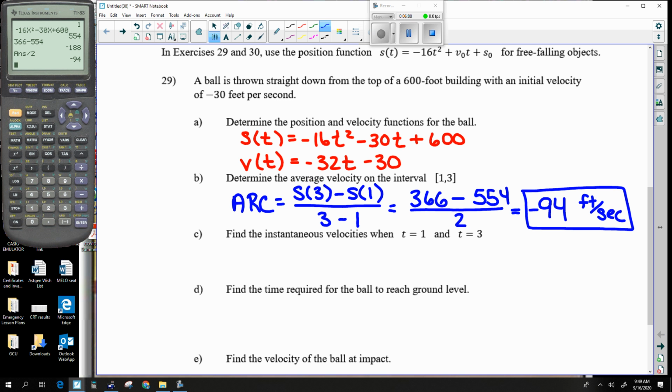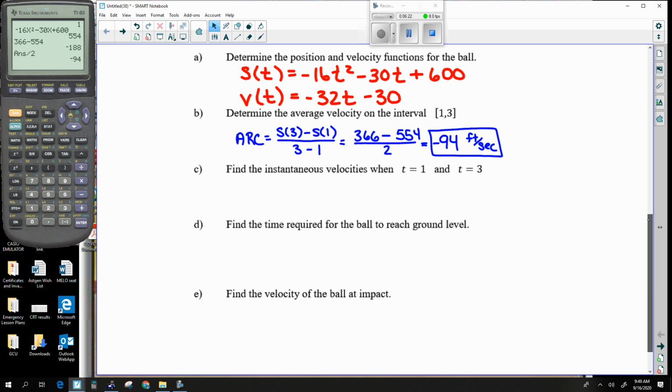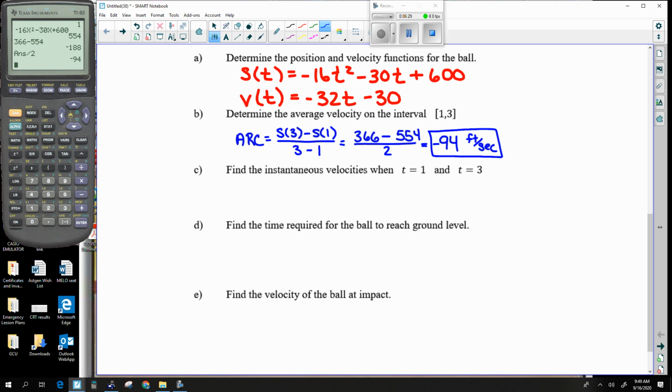Velocity is change in position over change in time. So change in position is the change in s. What are the instantaneous velocities at t equals 1 and t equals 3? So instantaneous velocities are the velocity equations. So what is the velocity at 1 and what is the velocity at 3? These are going to be our instantaneous velocities.